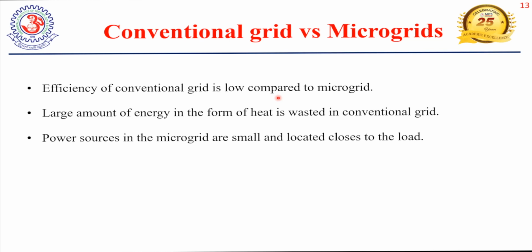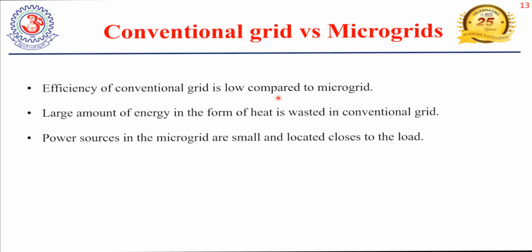First and important thing you will remember here: in the microgrid we completely eliminate the transmission system. Why? Because microgrid means that where power is required, where loads and consumers are available, at the same place we are generating power.